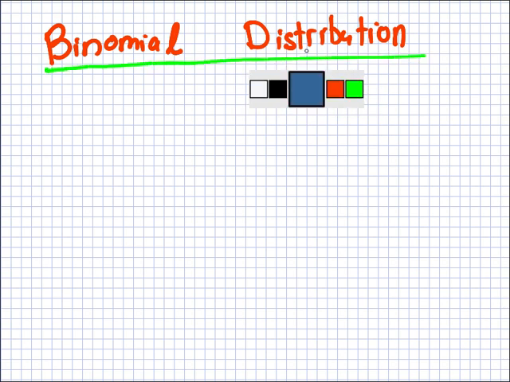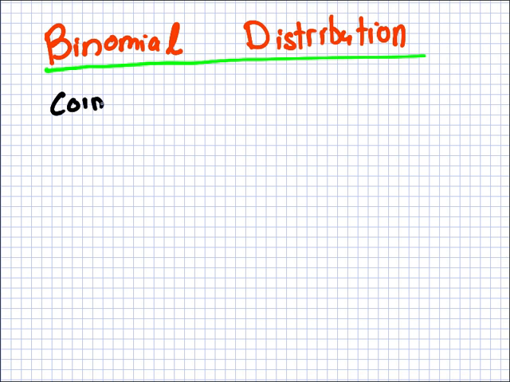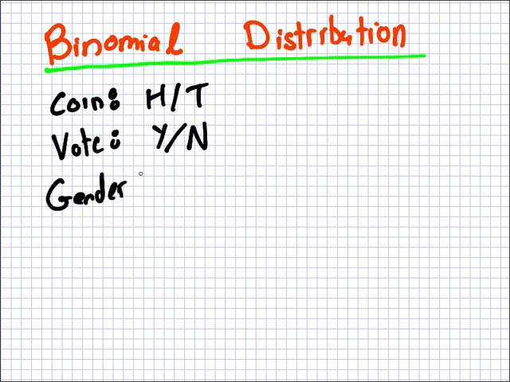Okay, binomial distribution. The type of problem we want to look at now deals with events that have two possible outcomes. For example, if you flip a coin, you can get heads or tails. If you vote on something, you could vote yes or no. If you're looking at gender, it could be male or female.